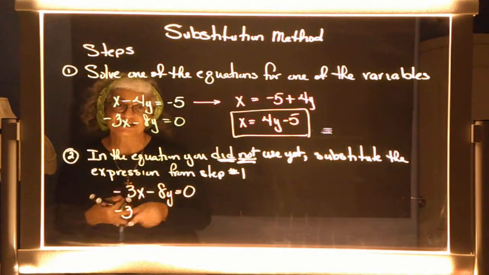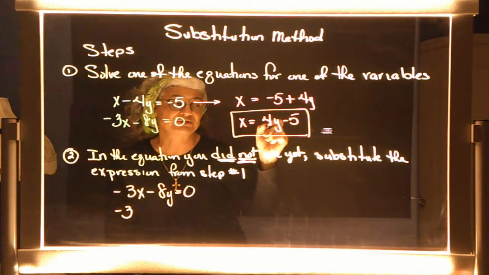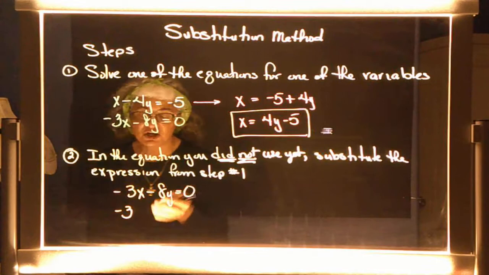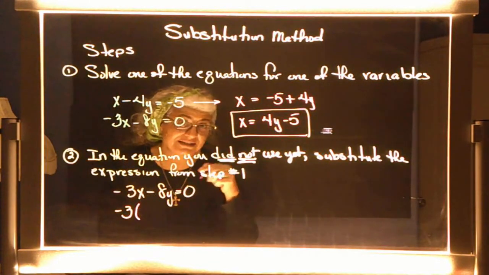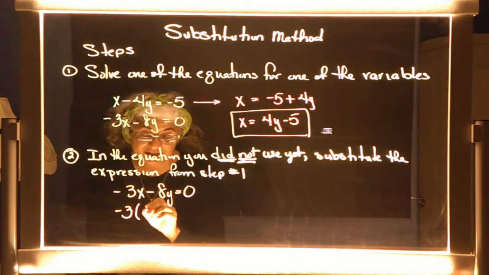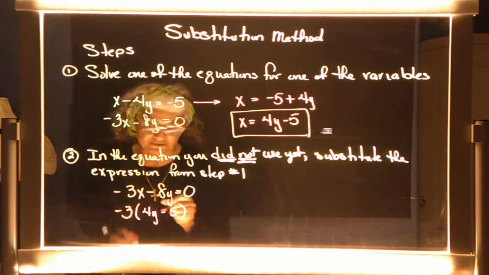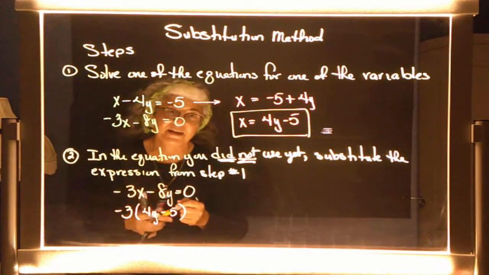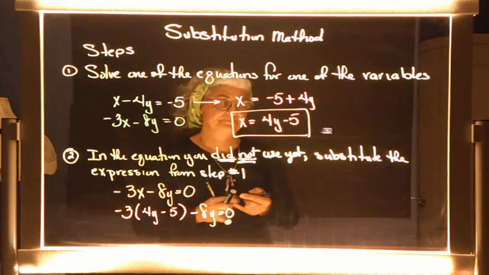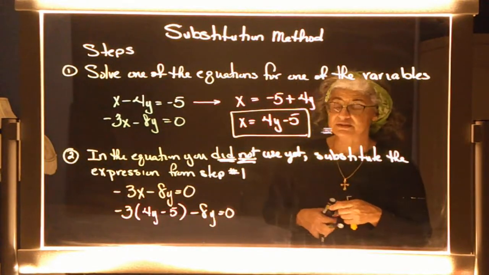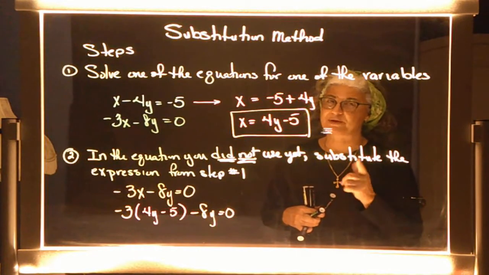Yeah, actually I do, because in the first step, we told ourselves x equals 4y minus 5. So I'm going to take out the x, and I'm going to replace it. I'm going to substitute in place of x 4y minus 5. And then minus 8y equals 0. Cool? Does that make sense? Okay, hang in there. I'll be right back with the other step.